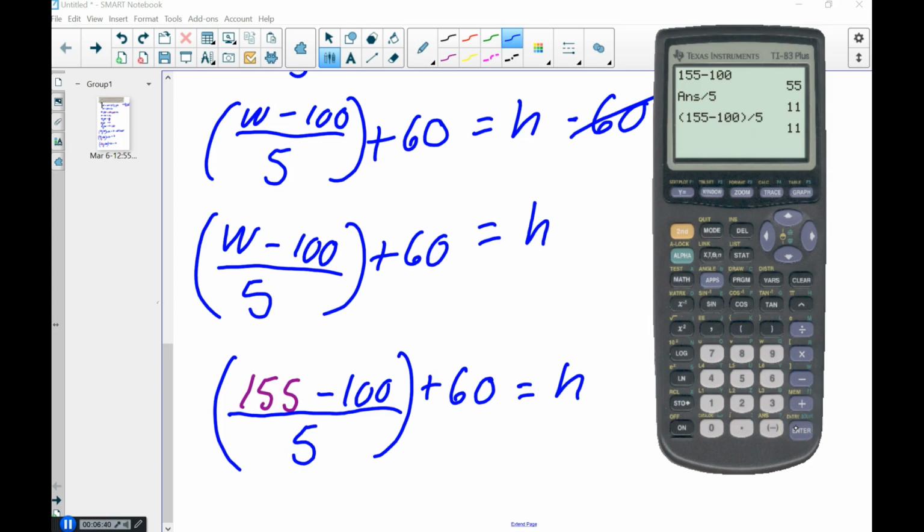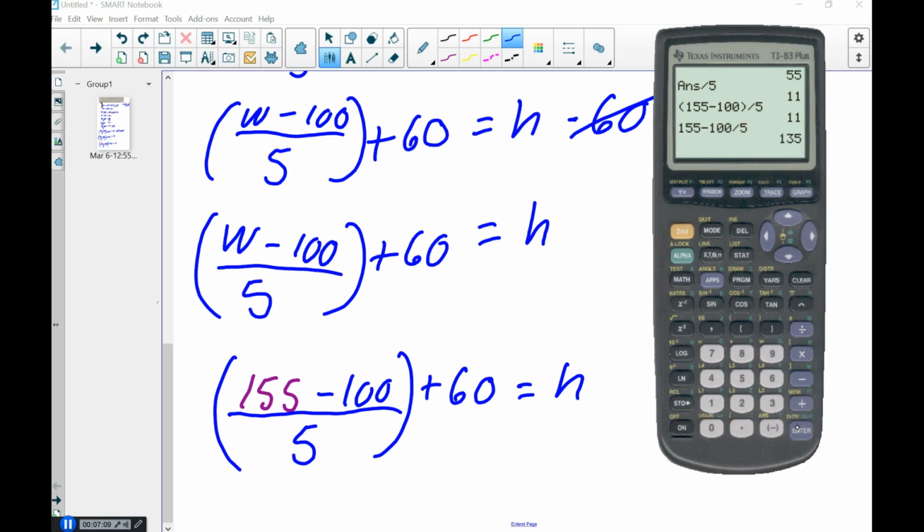The reason why I'm saying do that is because your calculator is only as smart as what you put into it. And actually, they're not very bright. Because if I did 155 minus 100 divided by 5, like it says here, your calculator is going to use BEDMAS, and it's going to do the 100 divided by 5 first, and we get a totally different answer.